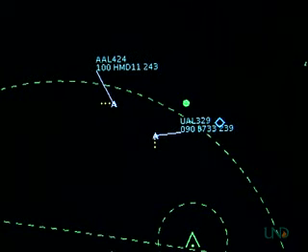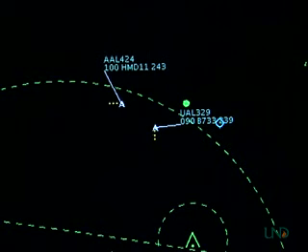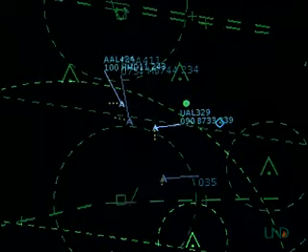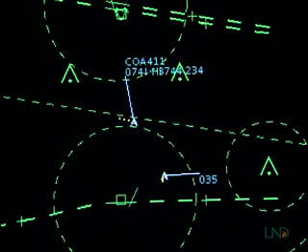American 424 Heavy, traffic in sight. United 329, traffic 11 o'clock, 3 miles eastbound, heavy MD-11 at 10,000. Traffic in sight, United 329. Connell 411 Heavy, traffic 1 o'clock, 5 miles northbound, type unknown, altitude indicates 3,500.